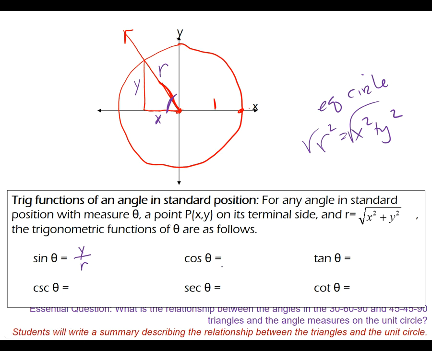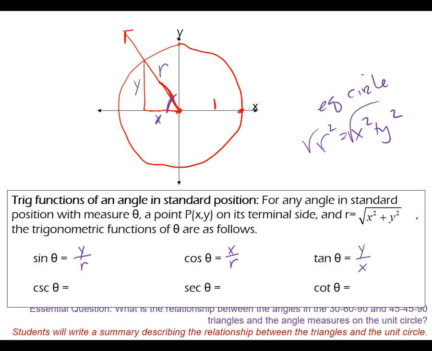Alright, what's the cosine of that triangle? Adjacent over hypotenuse. What's your adjacent? x over r. All we're doing is what we did before break, but now doing it the other way. Alright, tangent. What's the tangent of that triangle? Opposite over adjacent, so y over x.